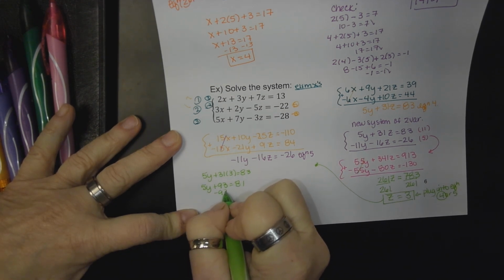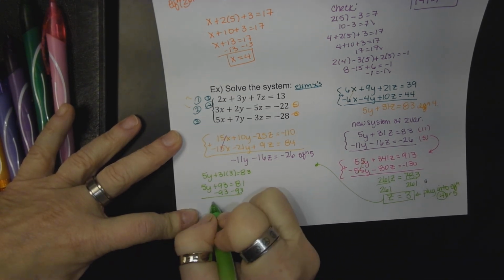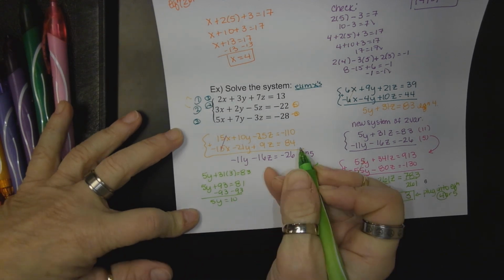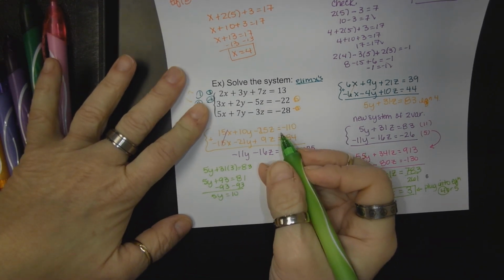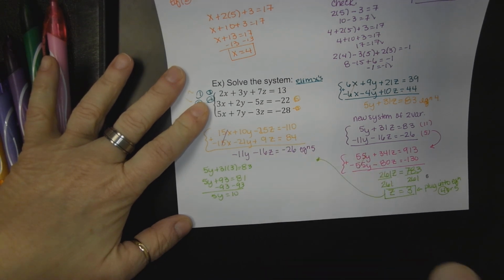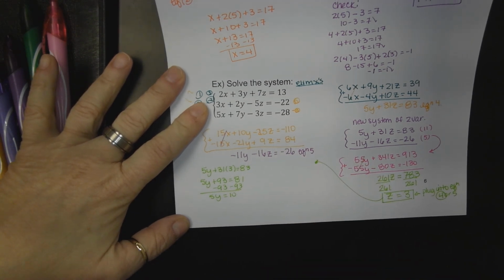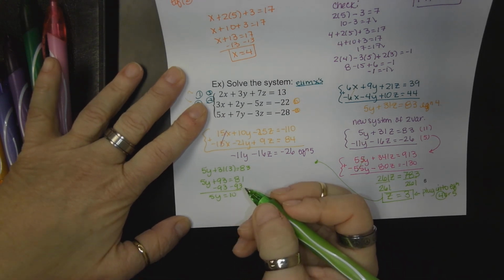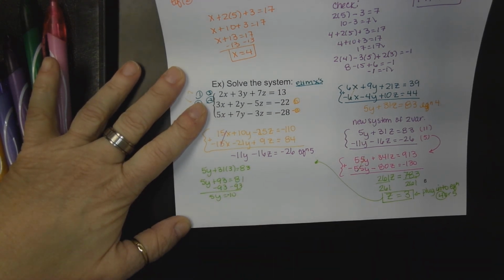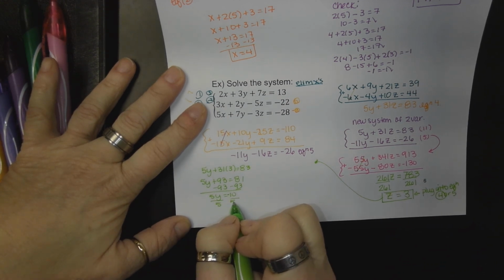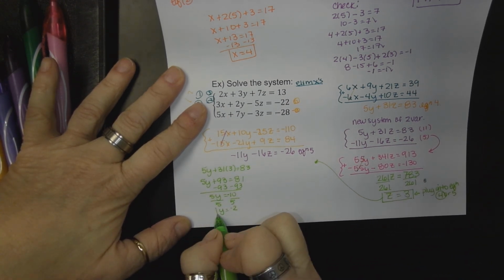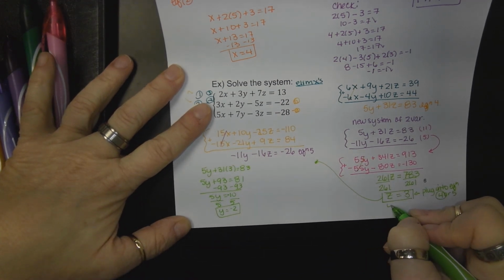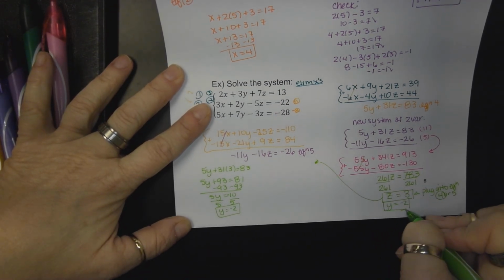Subtract him over. 5y equals 10. That was a negative 10, sorry. Divide both sides by 5, and y equals a negative 2. So now we have y equals negative 2, and z equals 3.